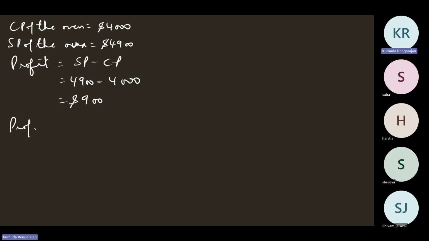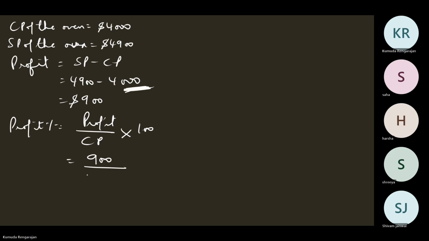Find the profit percent. Profit percent is equal to profit by CP into 100. Profit is $900 by CP. Here you have CP, 4,000 into 100.